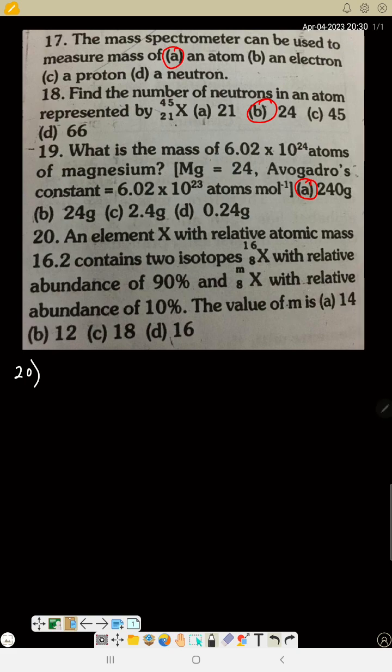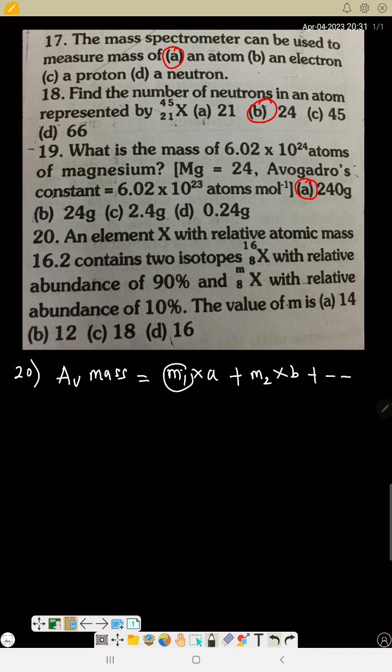What is the value of M? So generally, know that average mass is equals to M1 times A plus M2 times B, plus, as in continue like that.